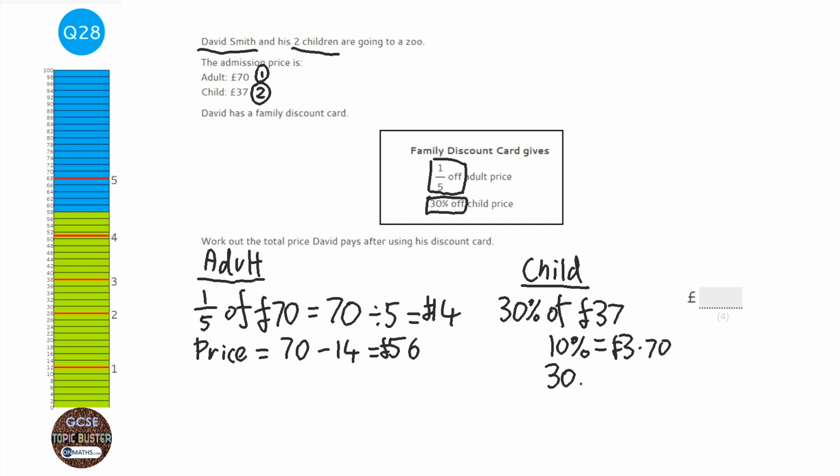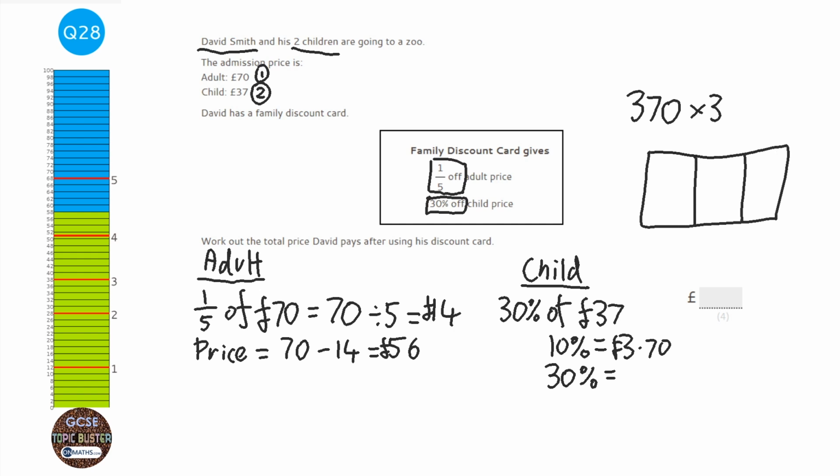And then I need to times that by 3. Let's have a think. I could do it in pence, 370, and then just times that by 3. So I can do a little grid.